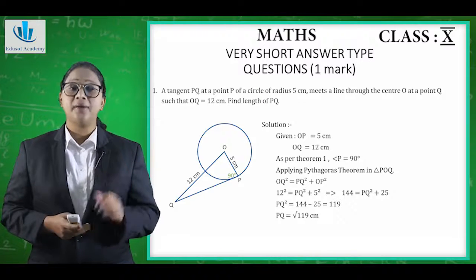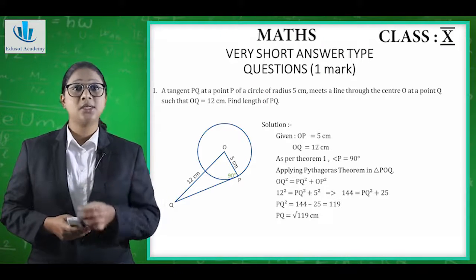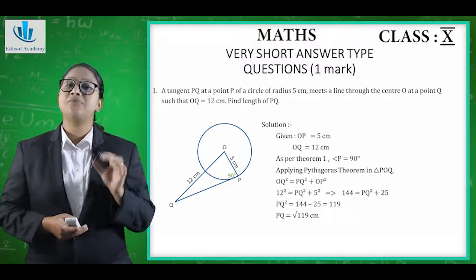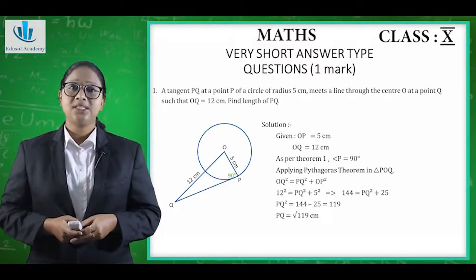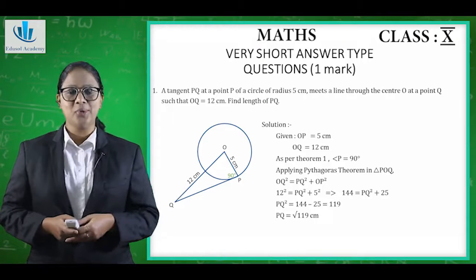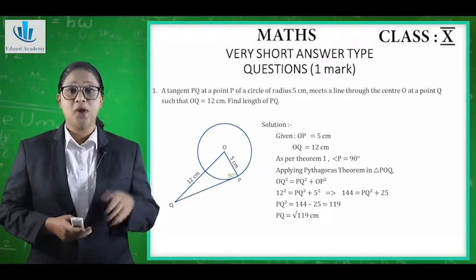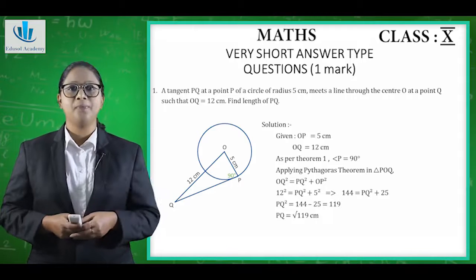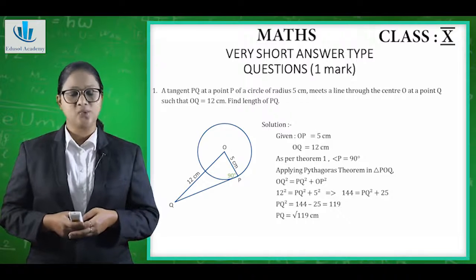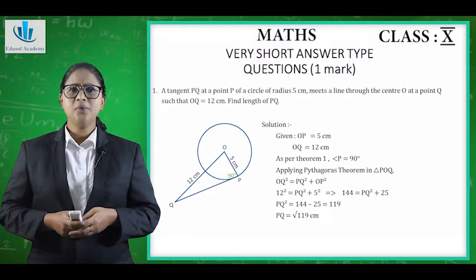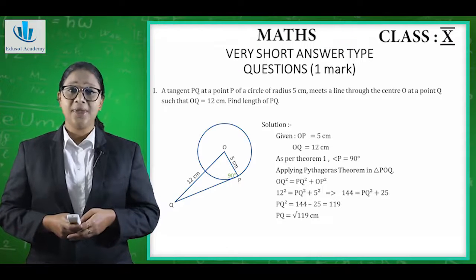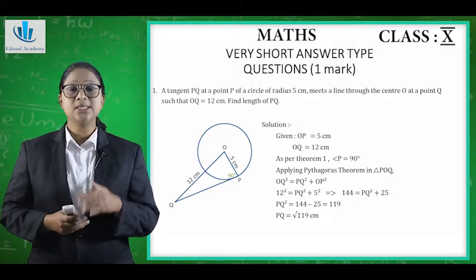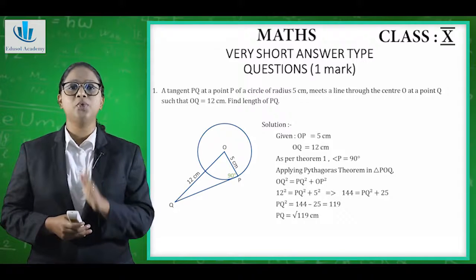Of radius 5 cm, the center is O. So you may connect P to the center O and mark it 5 cm. At a point Q, so we already know Q, such that OQ, so now join OQ, that is 12 cm. So we got a complete figure. Find the length of PQ, that's what we have to do. Now we can see that angle P will be 90 degrees, applying Theorem 1. That is, the tangent will be perpendicular to the radius.